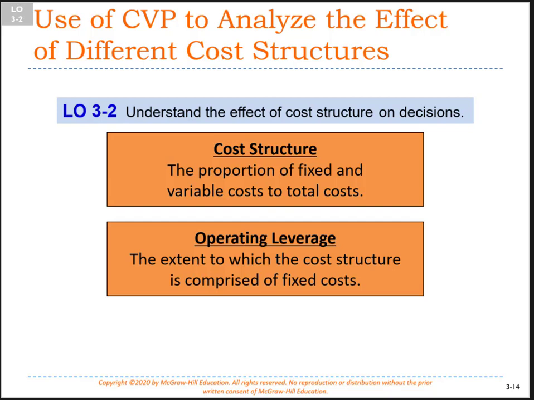The higher your fixed costs are relative to your variable costs, the higher your operating leverage is. So a company with lots of fixed costs is going to have high operating leverage. A company with low fixed costs and high variable costs is going to have low operating leverage.